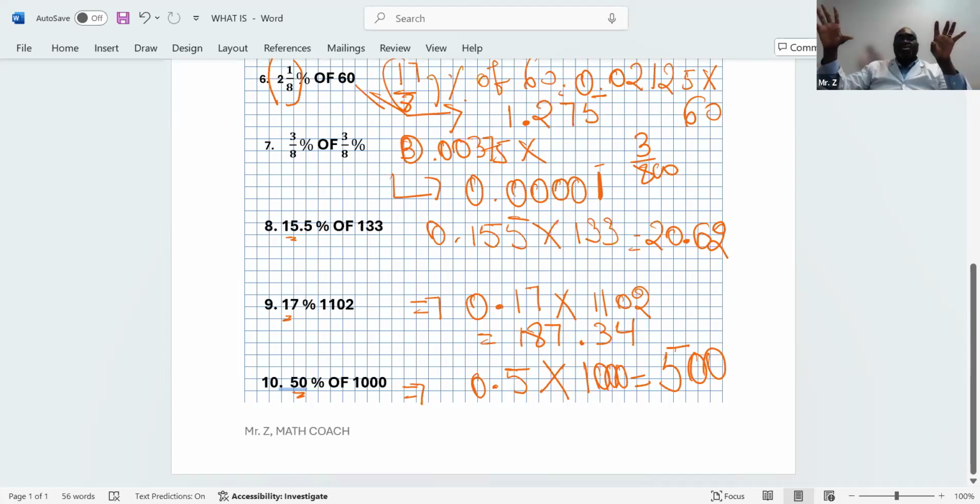So 20% of 100, you're going to do 0.2, and you go ahead and multiply that by the number. What percent of 20 is 100 is different from 20% of 100.